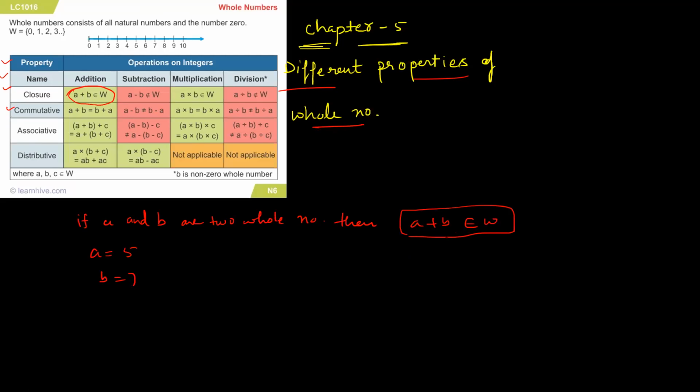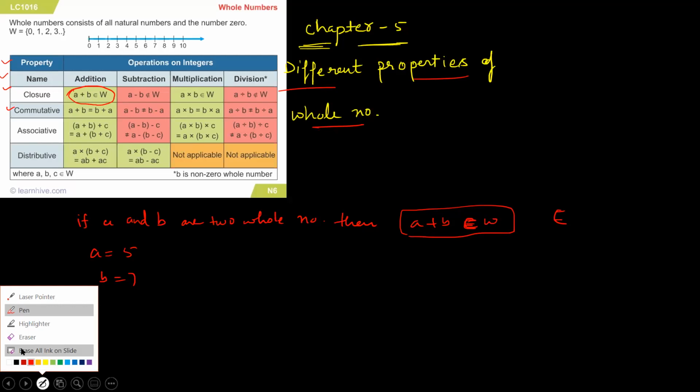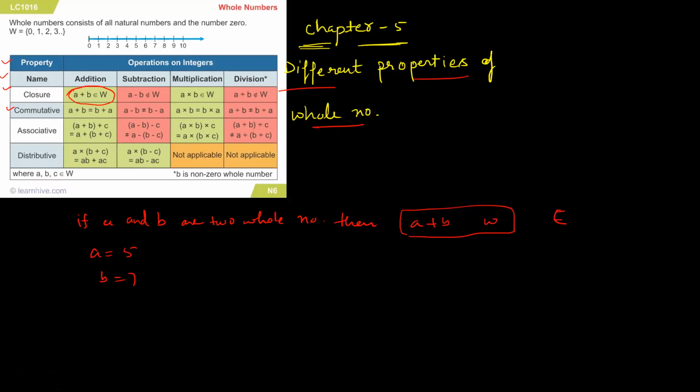Yes, you can write this in your rough copy. A plus B belongs to W; this is the sign of belongs to, epsilon. So A plus B is also a whole number. For example, I have taken A is equal to 5 and B is equal to 7.